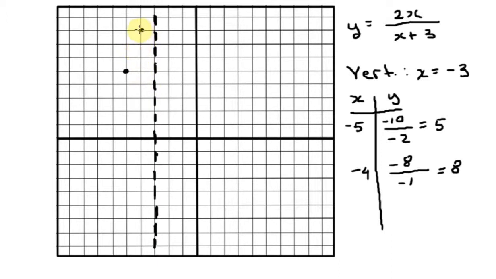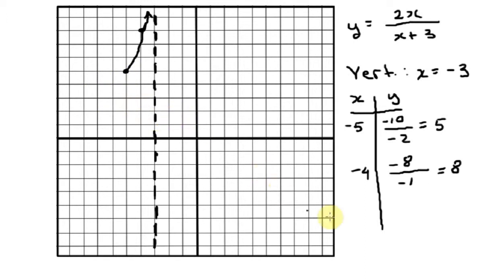It's quite a ways up there. Now it looks like our graph is heading up. I have the feeling this part of the graph is working its way up like this, getting closer and closer to that vertical asymptote. And on the left side here, it looks like it's going to smooth out a little bit like that.